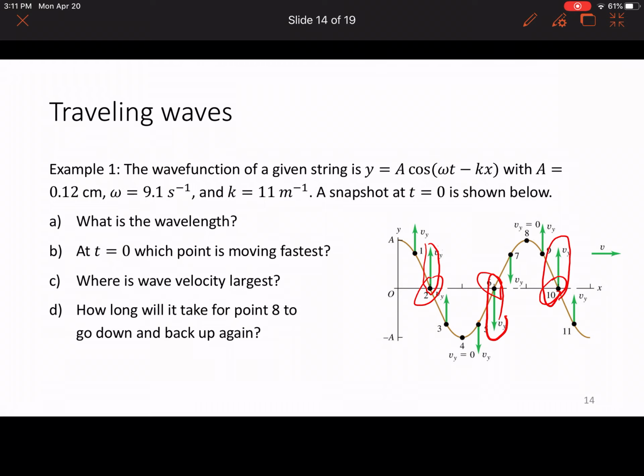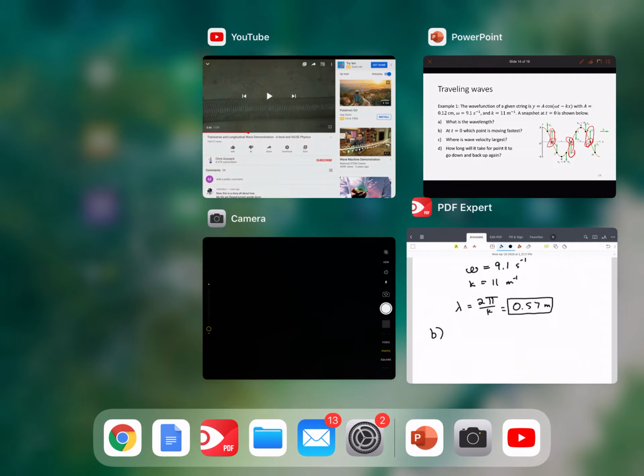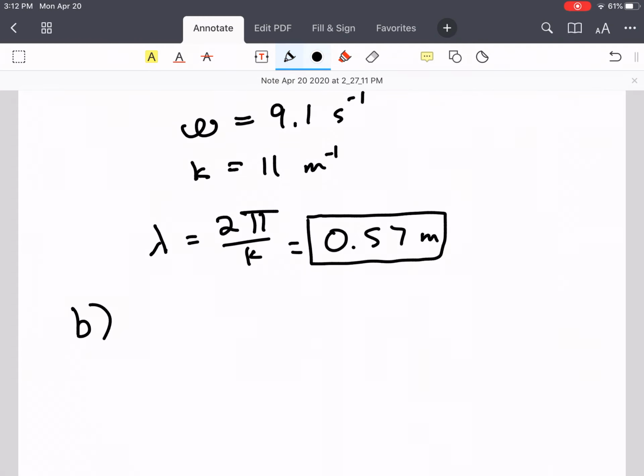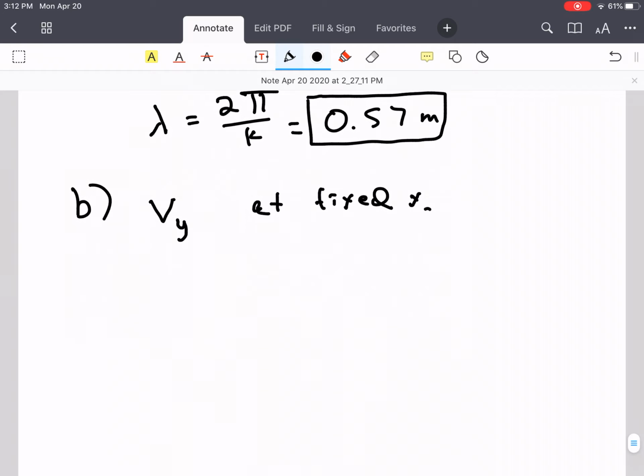So we didn't actually derive this yet. Let's go ahead and see where this comes from. The velocity of the points themselves. So again, remember the points themselves are not going to move left or right. They're going to just move up or down. So the velocity we're interested in is their velocity in the y direction at fixed x. So velocity, you may remember, is derivative of y with respect to t.